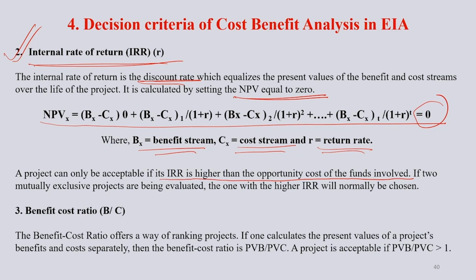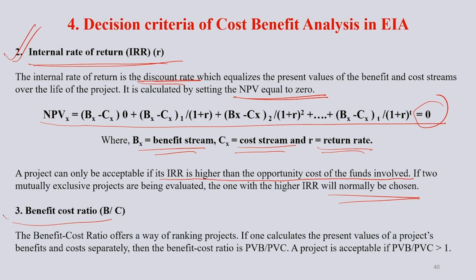If two mutually exclusive projects are being evaluated, the one with the higher IRR will normally be chosen, and the other one will be rejected. Even if it is important for the people or for the environment, whatever it is, if it doesn't match the IRR expectation, it will be rejected.